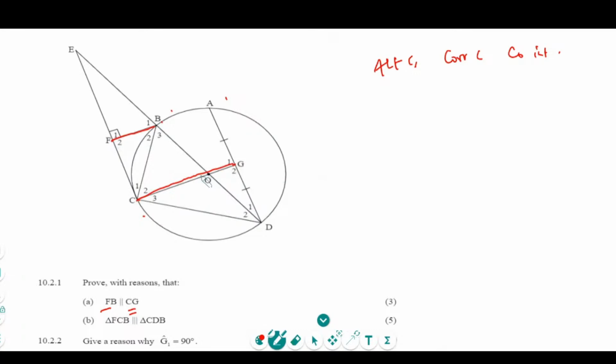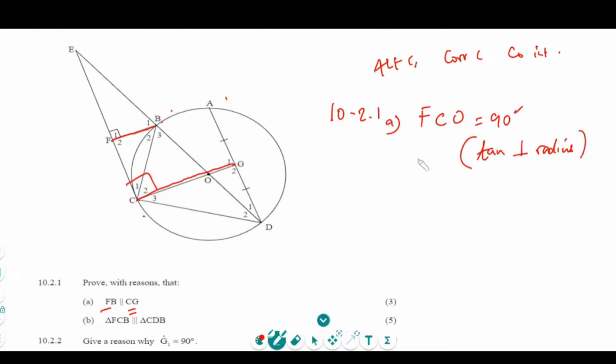So someone will say FCO, the whole of FCO. So 10.2.1 part A, you're saying the whole of this angle is a 90. The reason is the tangent is perpendicular to the radius. Okay, so if that is a 90, we know that F1 is also 90. So FCO is equal to F1. Therefore, FB is parallel to CG.